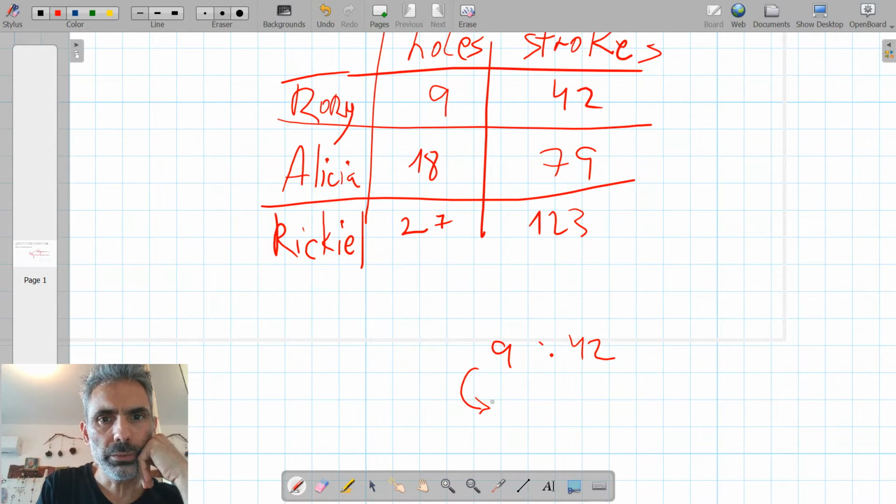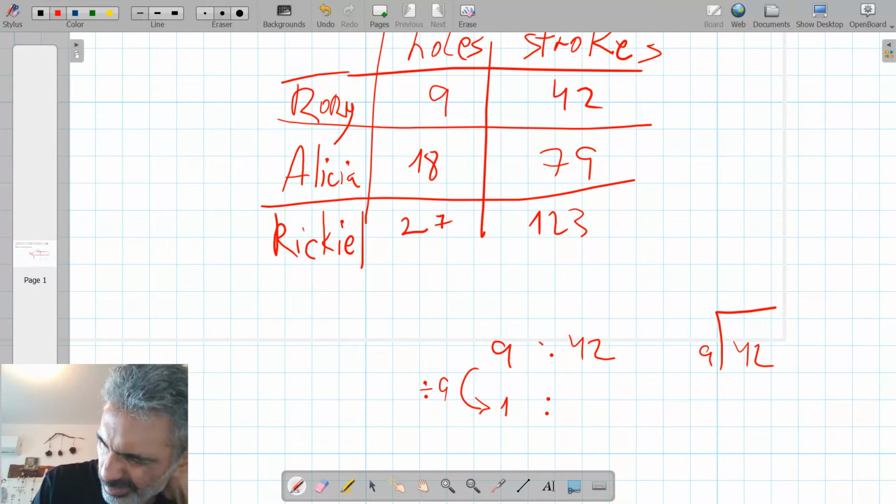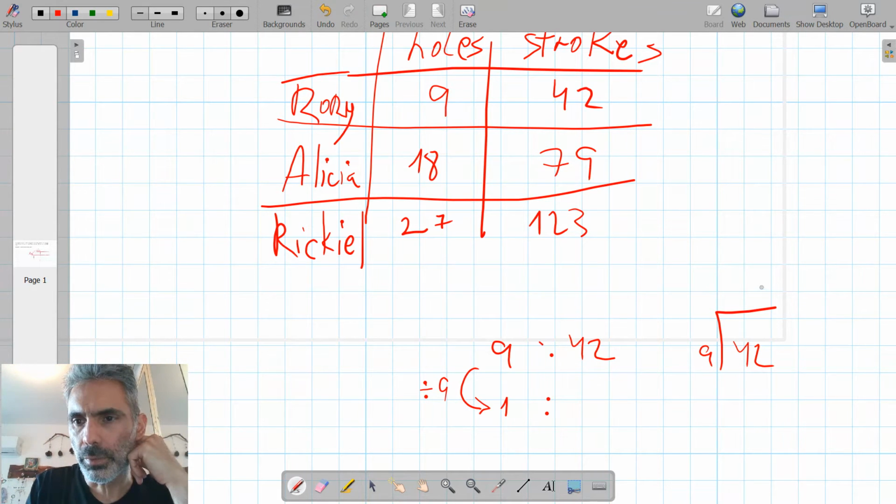I need to bring it down to 1, so I divide 9 by 9, and 42 divided by 9 is, 9 goes into 36 4 times. 4 times 9 is 36, and we have a remainder of 6.